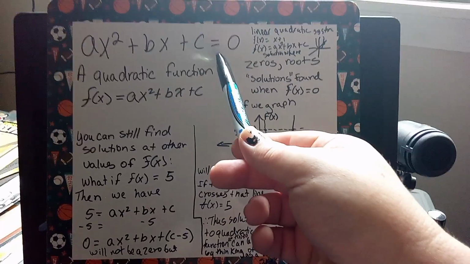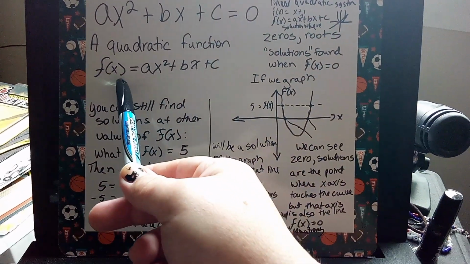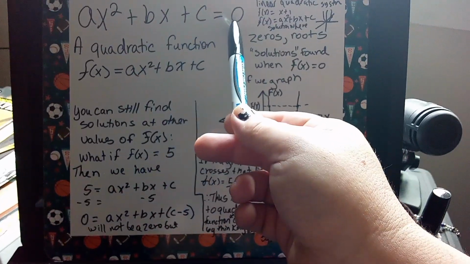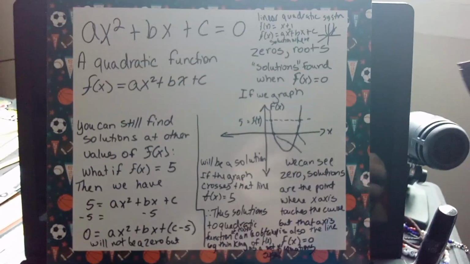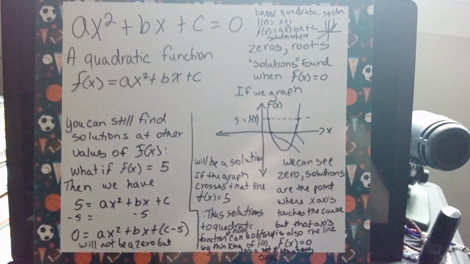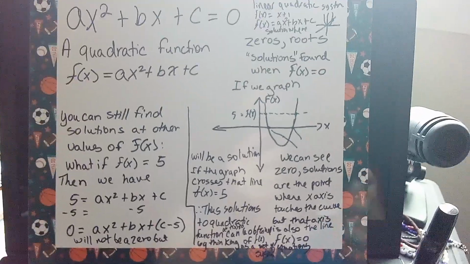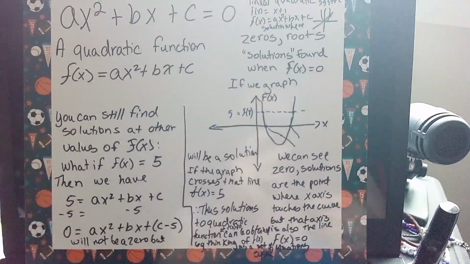So when we solve quadratic equations, we set the value of f of x equal to 0. We call those solutions zeros or roots, and we can use different methods to find those solutions, such as factoring, completing the square, or the quadratic formula.